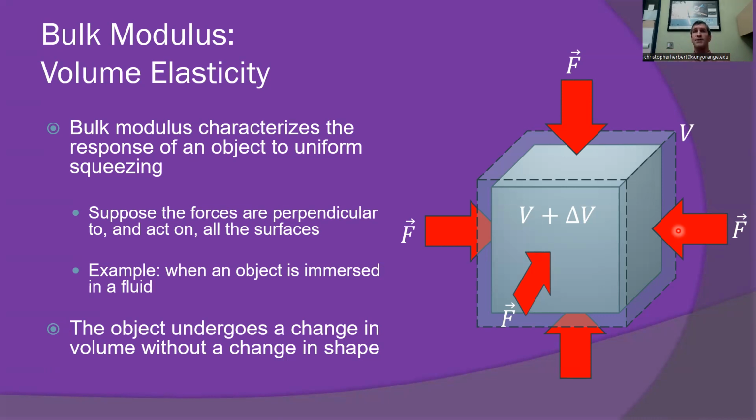Microscopically, we are compressing the atomic bonds, covalent bonds, metallic bonds, ionic bonds. Under small loads, they pretty much are going to all behave linearly. And as we compress it inward, our volume, which is originally V, will change by some amount, delta V, which is going to be negative.